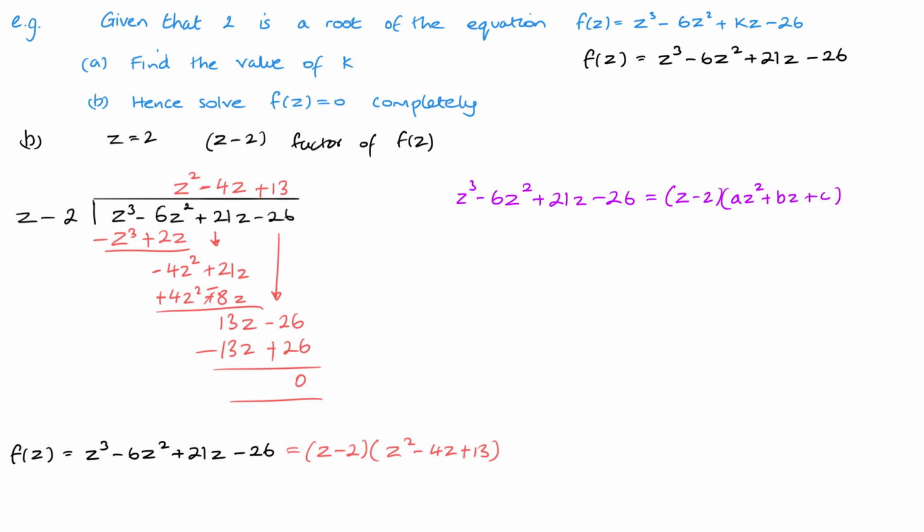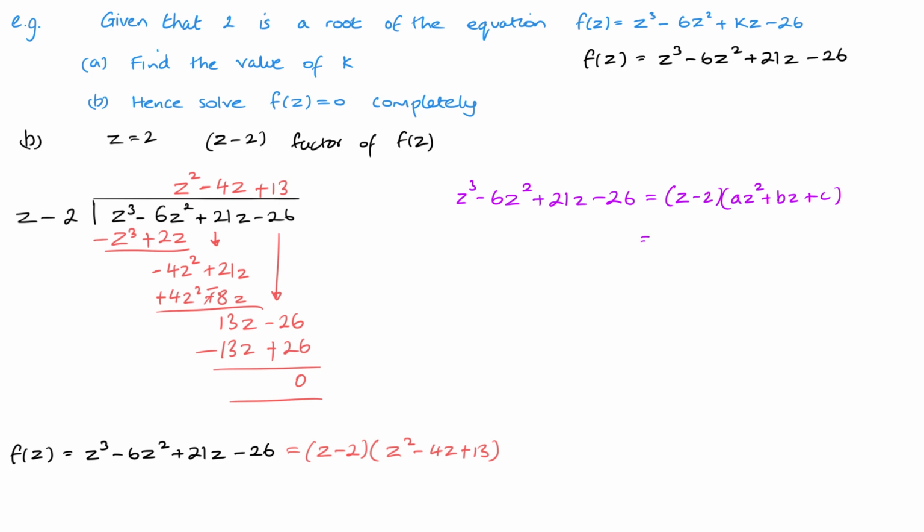And all I really want to do here is compare each of my coefficients. So there's a couple of ways in which you can do this. You can expand and simplify, then compare. Or you can do them individually. I'll show you kind of both ways.